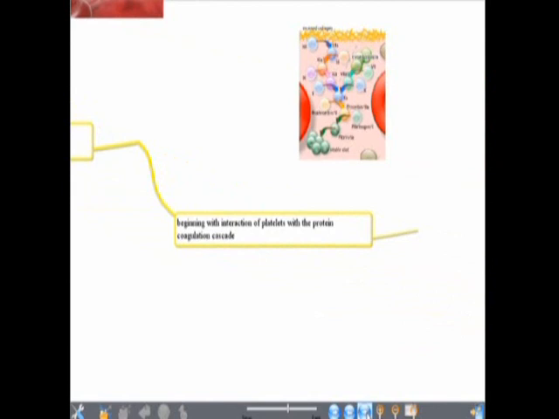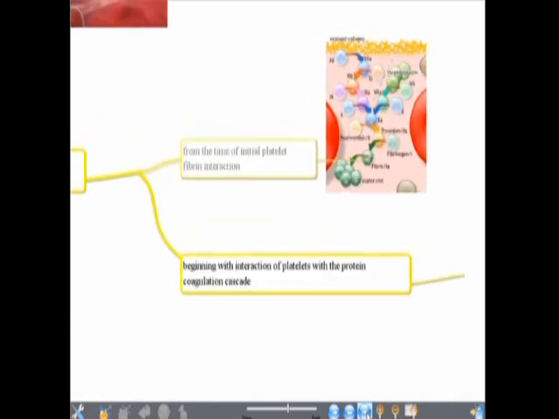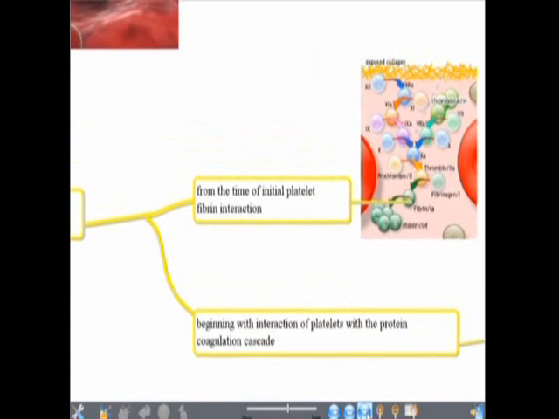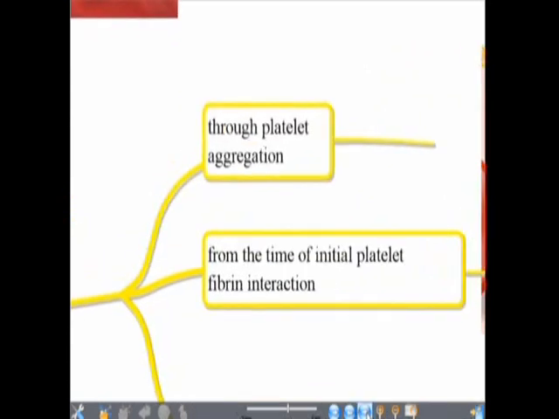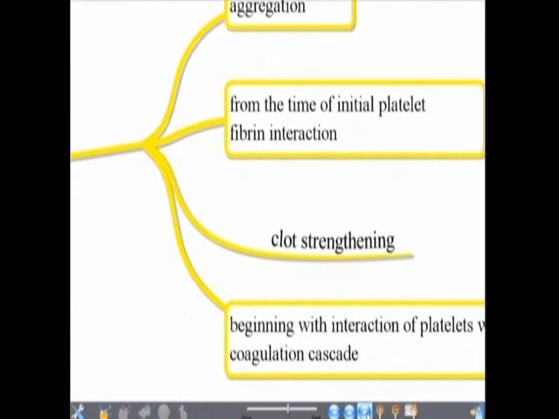Well, it starts off with the interaction. This process gives you the whole clotting cascade, starting with the interaction of platelets with the protein coagulation cascade, moving on from the time the initial platelets and fibrin start interacting to platelet aggregation, all the way to how the clot is strengthening.